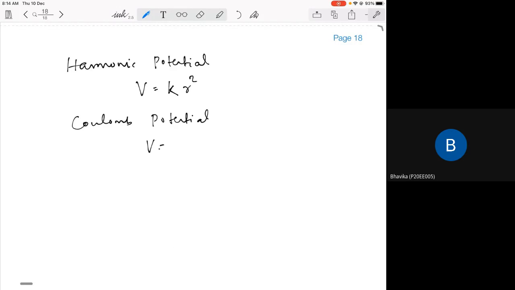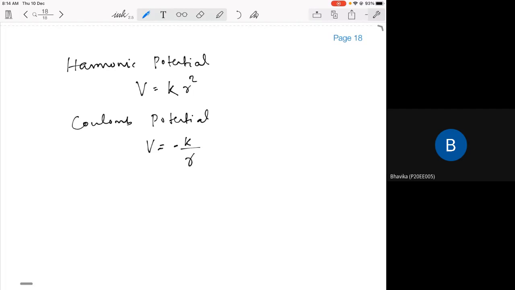Here you have some constant. So this is a 1 by r potential, and this is an r square potential.